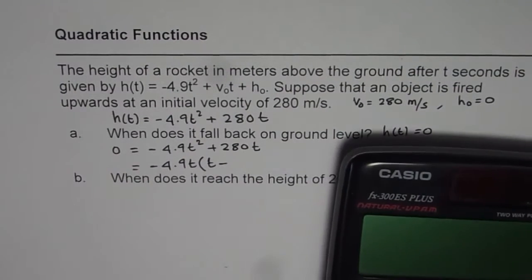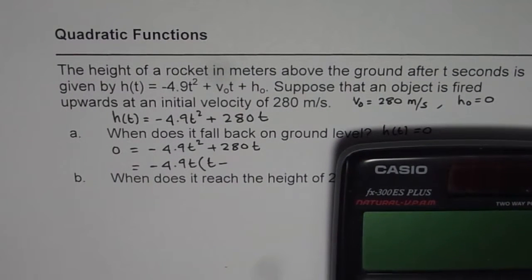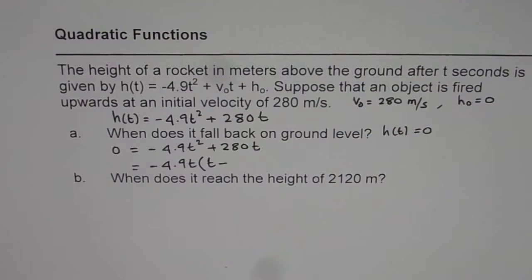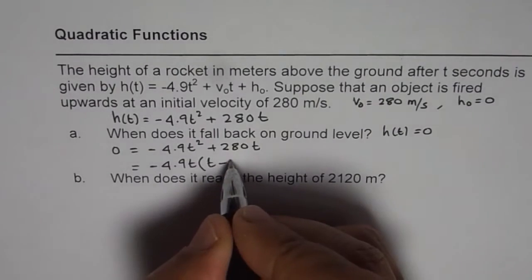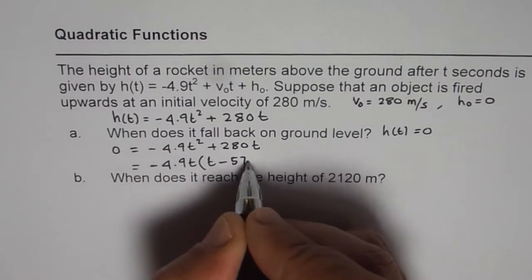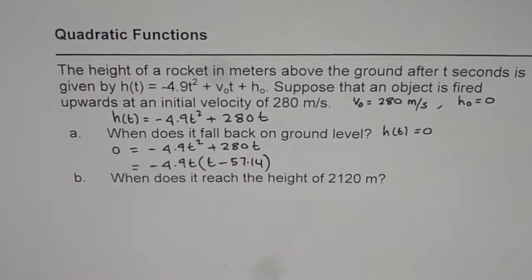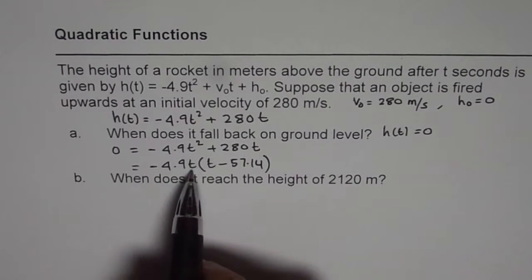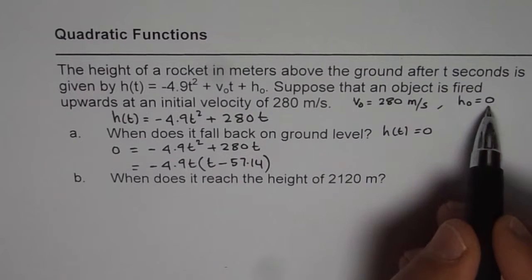We'll now divide 280 by 4.9. So 280 divided by 4.9 gives us 400/7, which is approximately 57.14. Now this expression will be 0 at t = 0, which is our assumption that h0 is 0 at initial time t = 0.